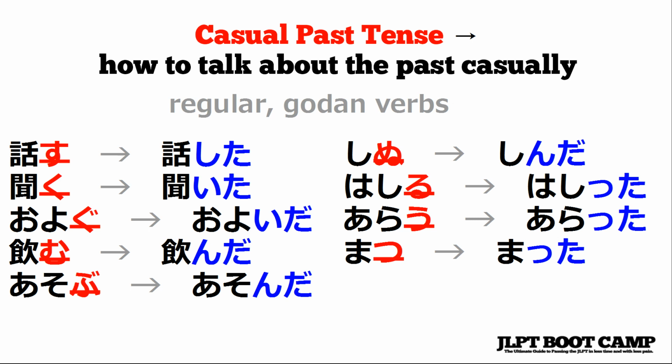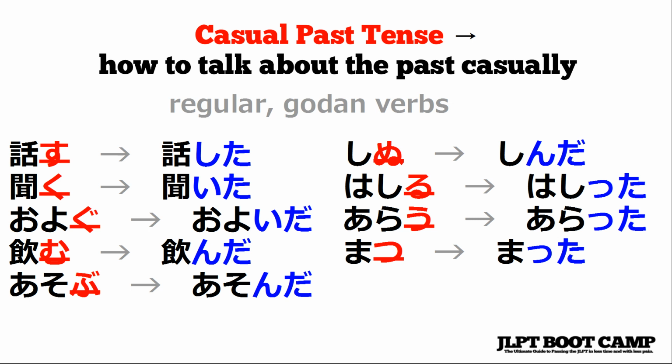And whenever you come upon a new verb, make sure to practice conjugating it real quick in your head. And if you're having a little bit of trouble doing that, make sure you look back at this chart. There's a full chart in the PDF and some mnemonics to help you remember all this. But basically, it's important to try to get this as automatic as possible because this is a real core part of the language, obviously, talking about the past casually.